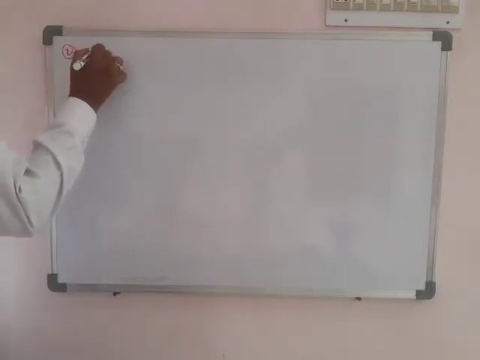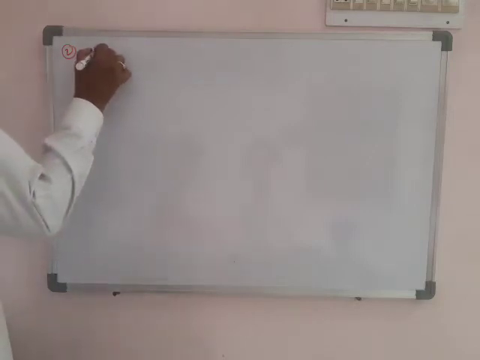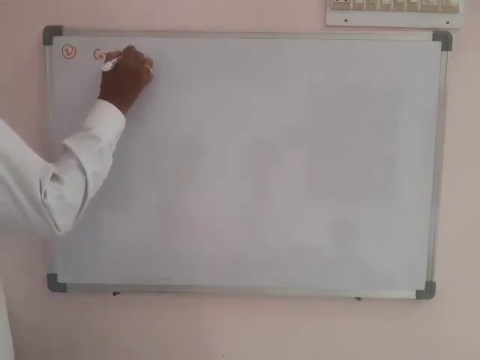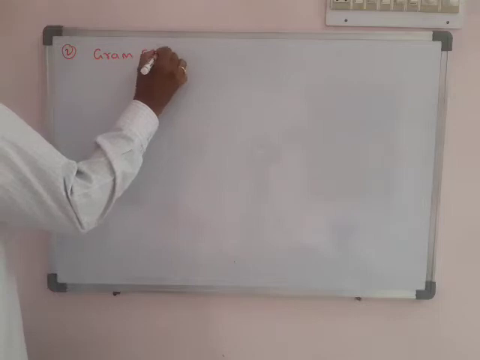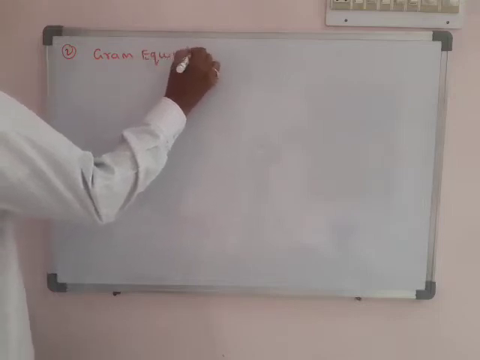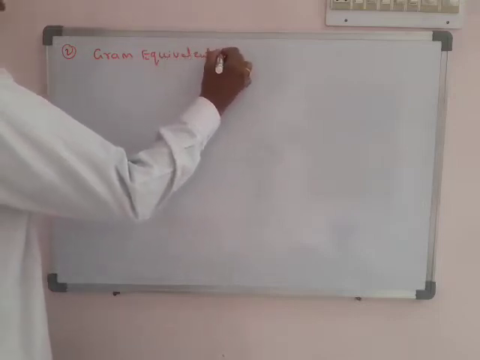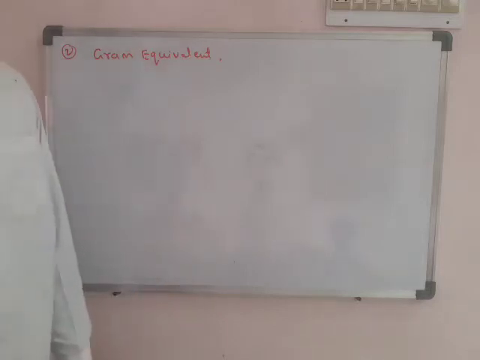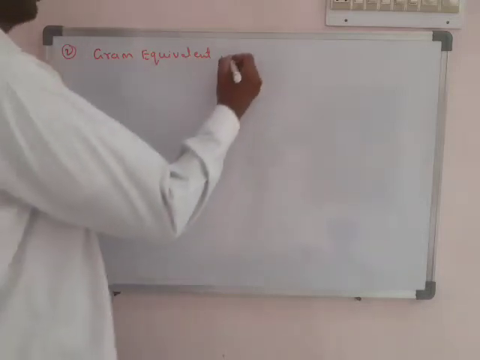So what is the second method? The second method is gram equivalence, or milli equivalence. Gram equivalent and also milli equivalent.